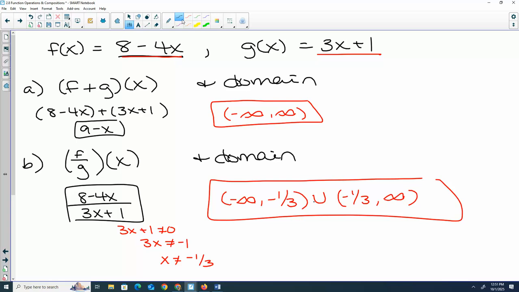Any questions about those? Bracket means equal to, and we're saying it can't equal the negative 1/3. Good question. Any others?